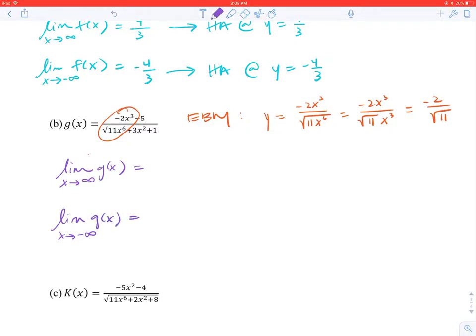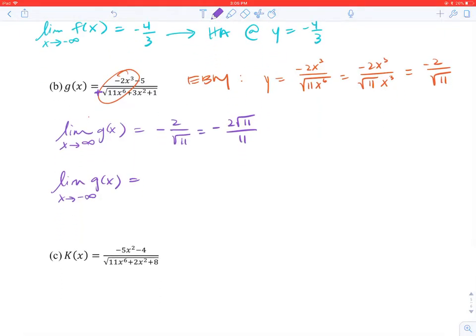Okay, so the numerator, as x approaches infinity, the numerator will be negative because of that negative 2, and the denominator will always be positive. So negative divided by a positive is a negative. So as x approaches infinity, we'll get negative 2 over root 11, which if you rationalize the denominator would be negative 2 root 11 over 11.